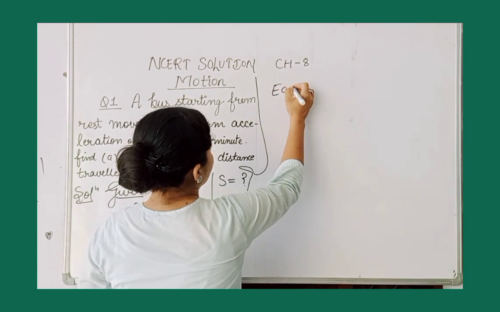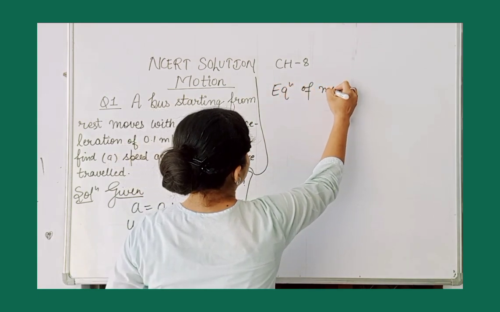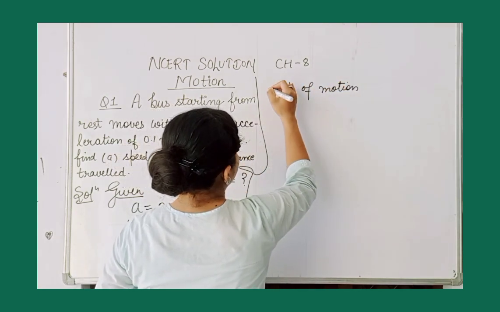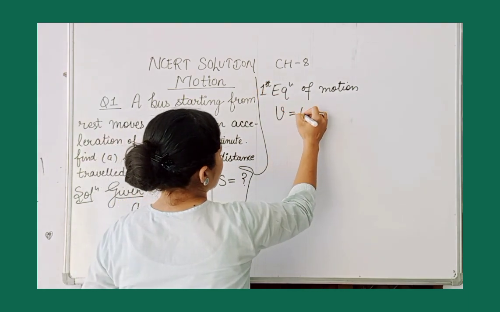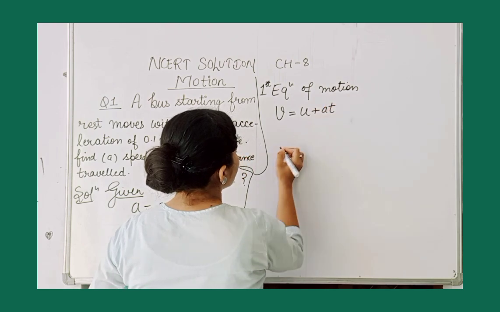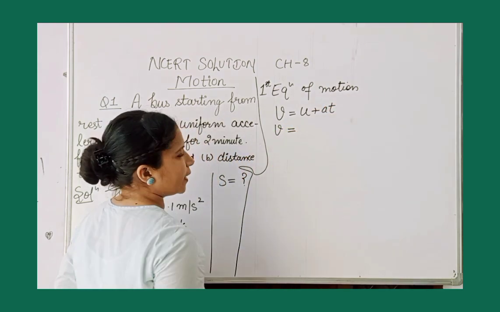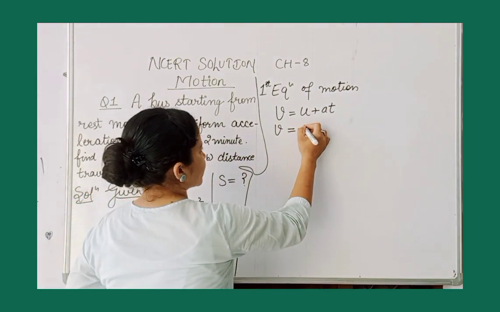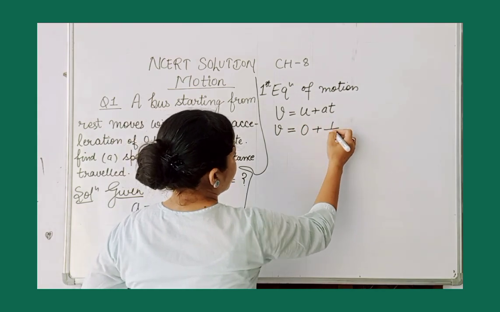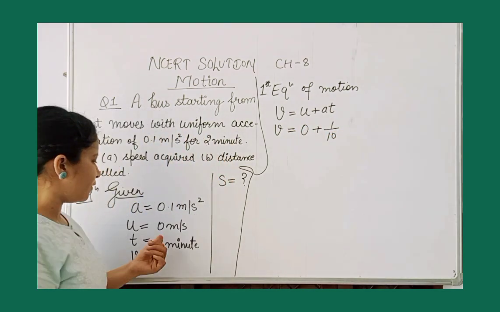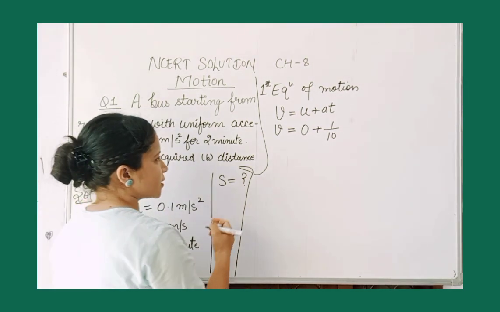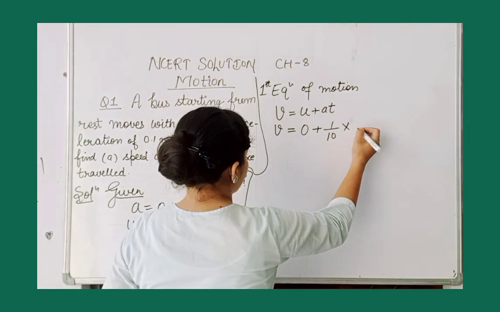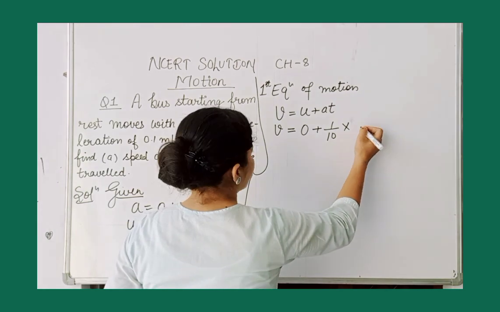So first equation of motion. By using the first equation of motion, that is v is equal to u plus at. The value of v we have to find out, and the value of u is 0 plus acceleration value is 0.1, so I have written it in decimal as a fraction, and the time period is 2 minutes.